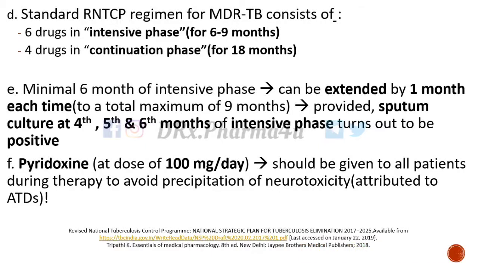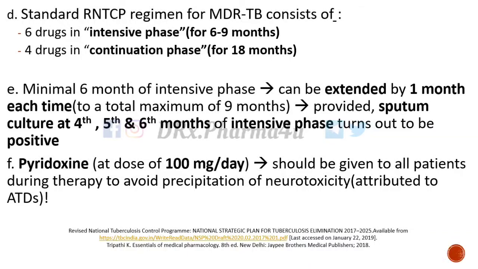Then at the 5th month, you can again take a sputum culture. Again, if it is positive, then you can extend it for 1 more month. Then you go to the 6th month, and again, if the sputum is positive, you can take 1 more month. So total you can do for 9 months maximum. Intensive phase of 9 months maximum.